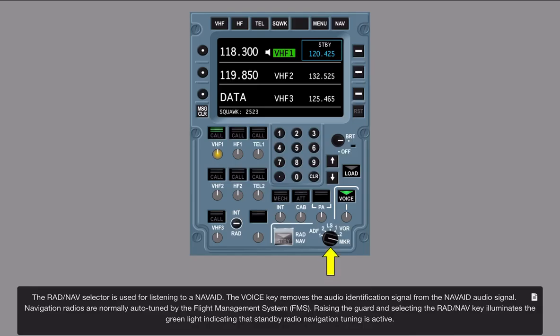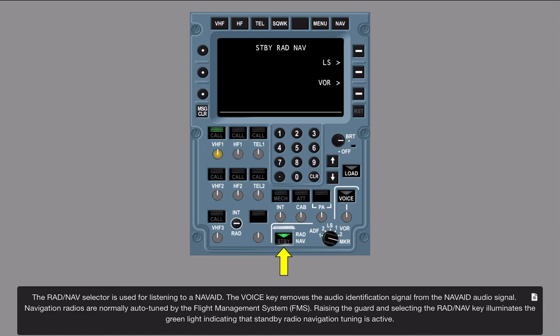The radio navigation selector is used for listening to a navaid. The voice key removes the audio identification signal from the navaid audio signal. Navigation radios are normally auto-tuned by the Flight Management System (FMS). Raising the guard and selecting the radio navigation key illuminates the green light indicating that standby radio navigation tuning is active.